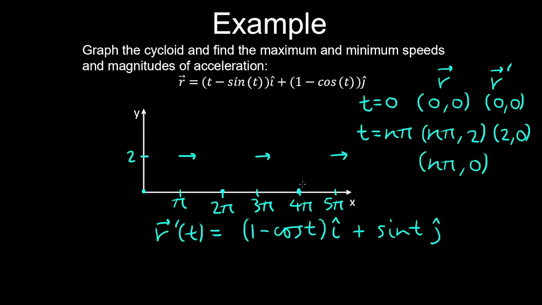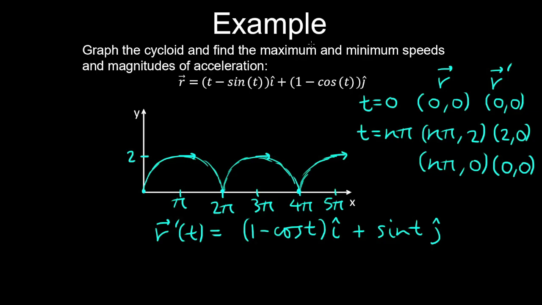And also for even multiples of pi, our tangent vectors are 1 minus 1 is 0, and sine of 0 is 0. So our derivative is also undefined at this point. So we have cusps at even multiples of pi. So our curve will look something like this. So it'll be half ellipses that look like this, and that's a cycloid.